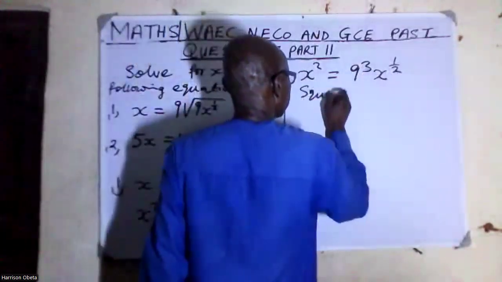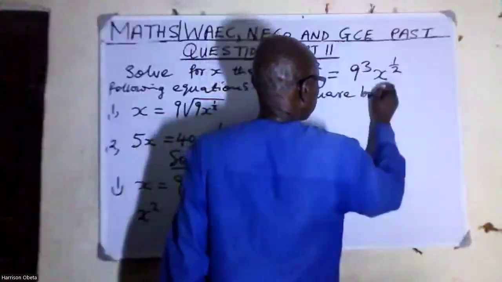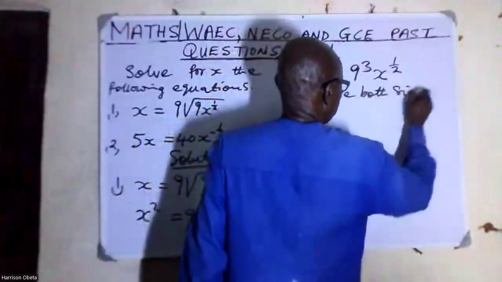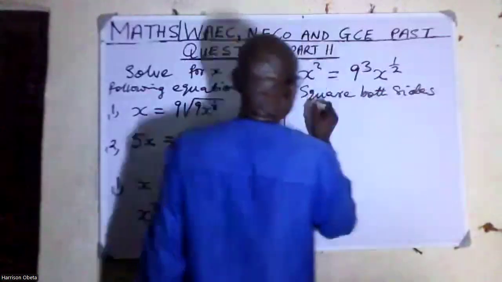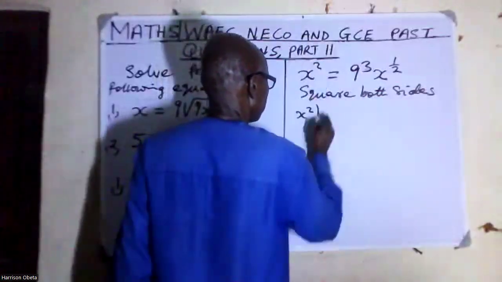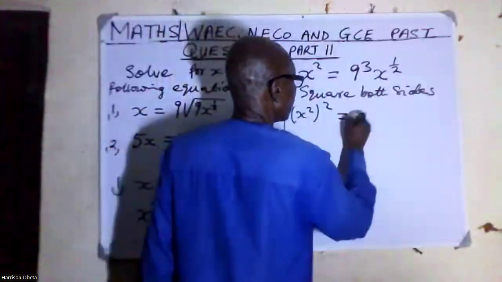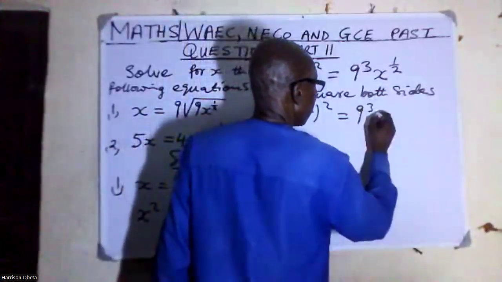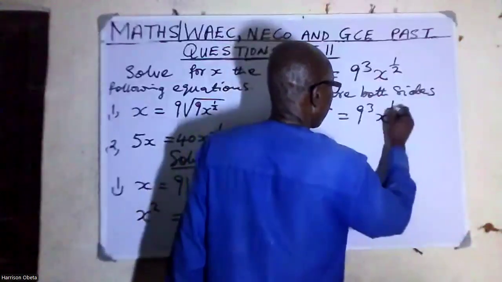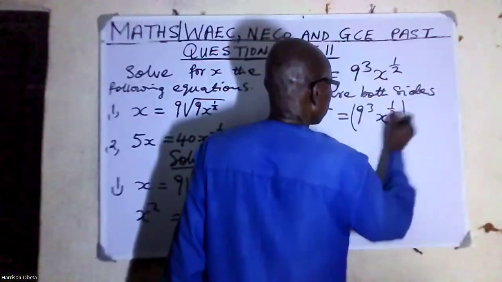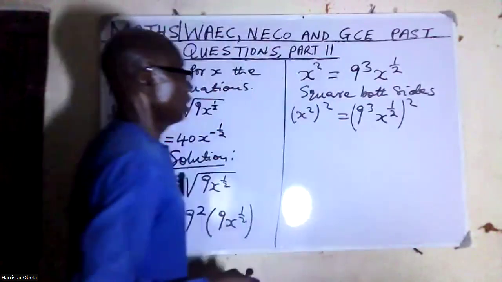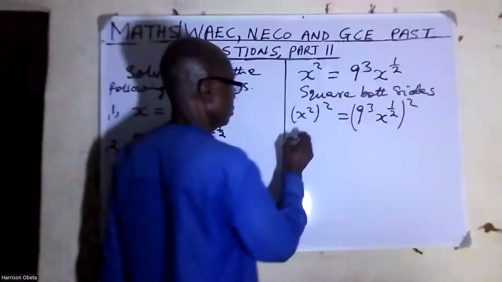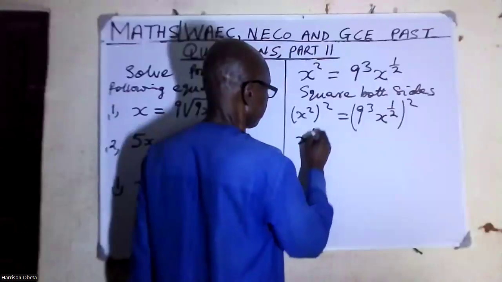Square both sides. That will be x raised to the power 2, all squared, equal to 9 raised to the power 3 x raised to the power half, all raised to the power 2. And moving on, you have x raised to the power 4.